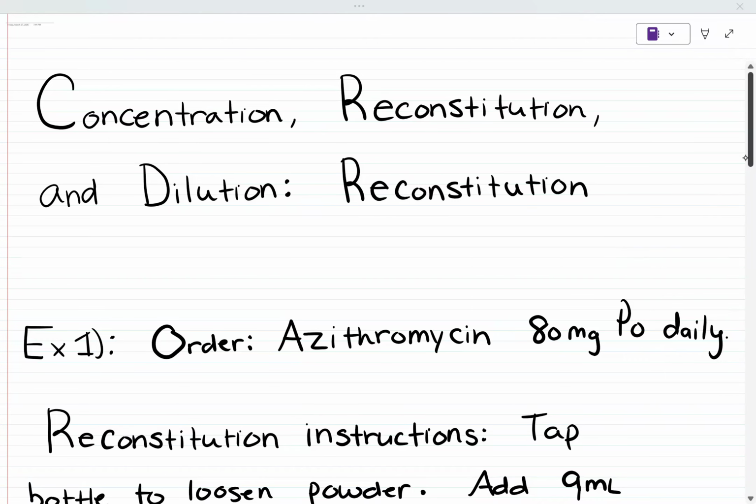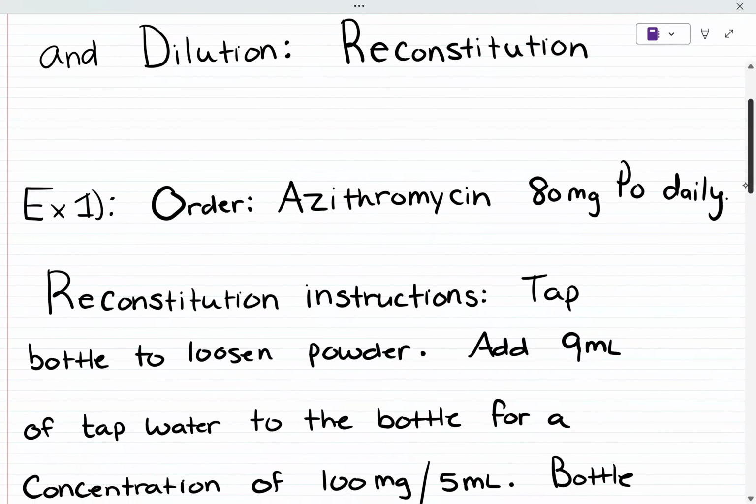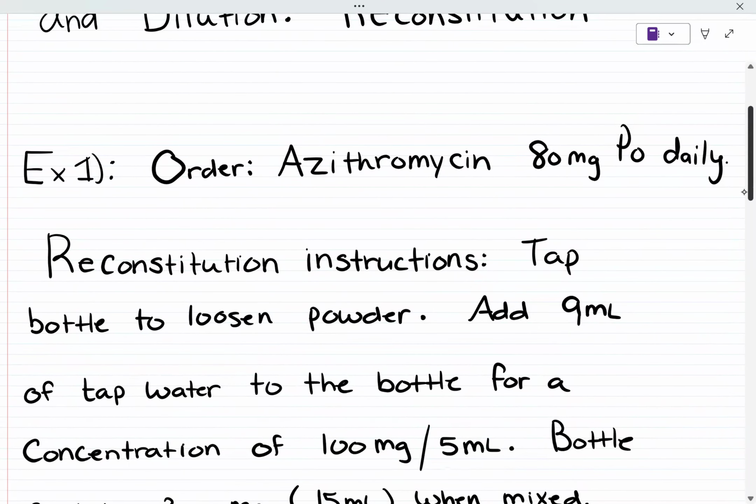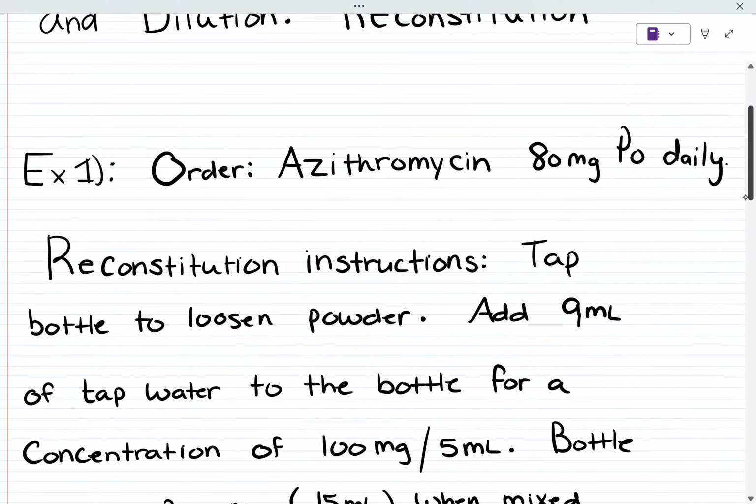Okay, so let's begin. In example one, you have an order of Azithromycin, 80 milligrams PO daily.